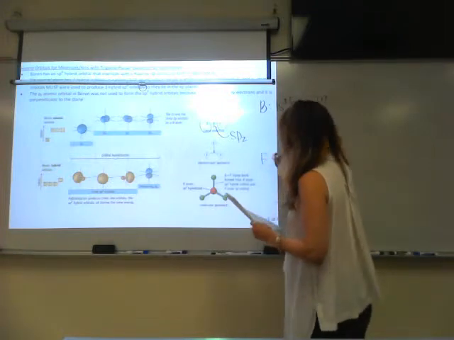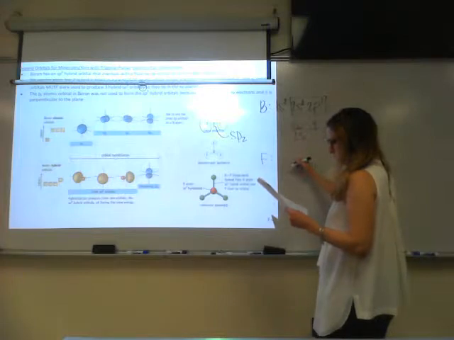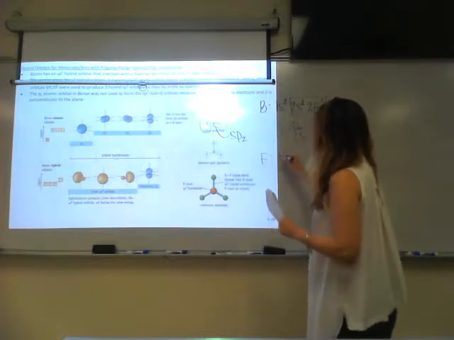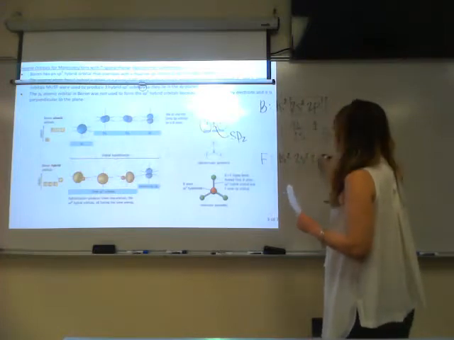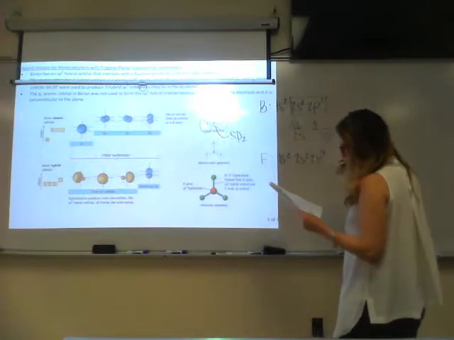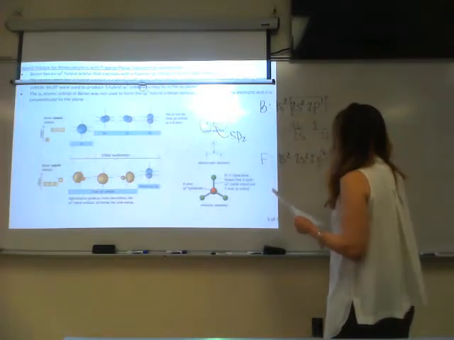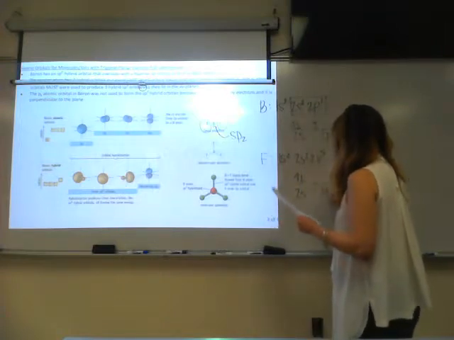And then fluorine, what is fluorine's electron configuration? 1s2, 2s2, 2p5. So, all right, now, fluorine looks like this for its orbital diagram situation.